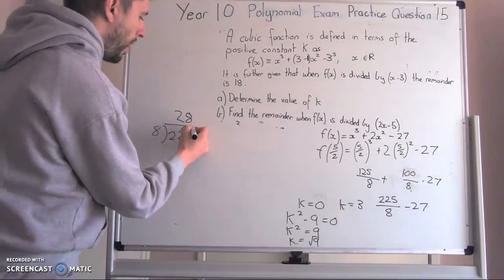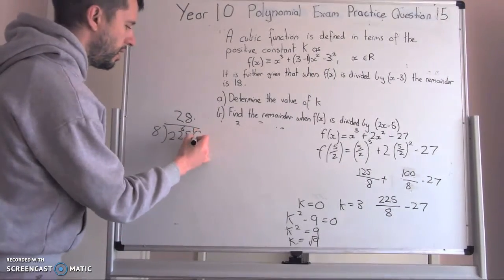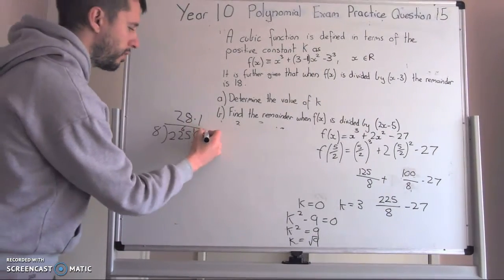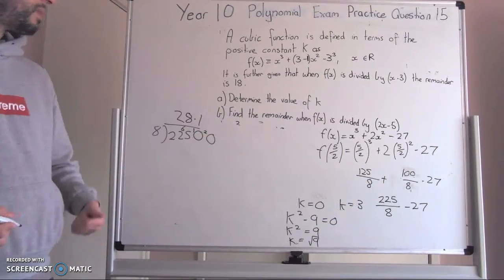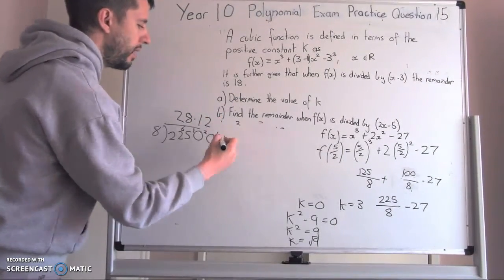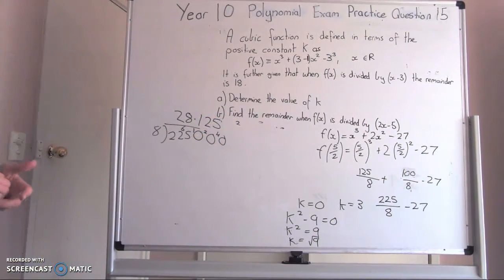So I've got 1 left over. So it's 28 point. How many 8s in 10? 1. 2 left over, drop to 0. How many 8s in 20? 2 and 4 left over, so it's 40. And how many 8s in 40 is 5. So we got 28.125.